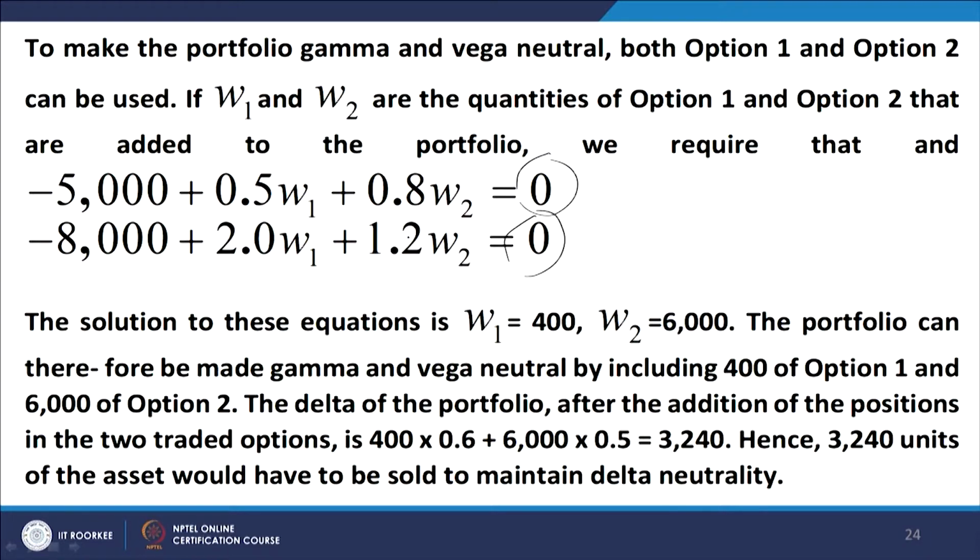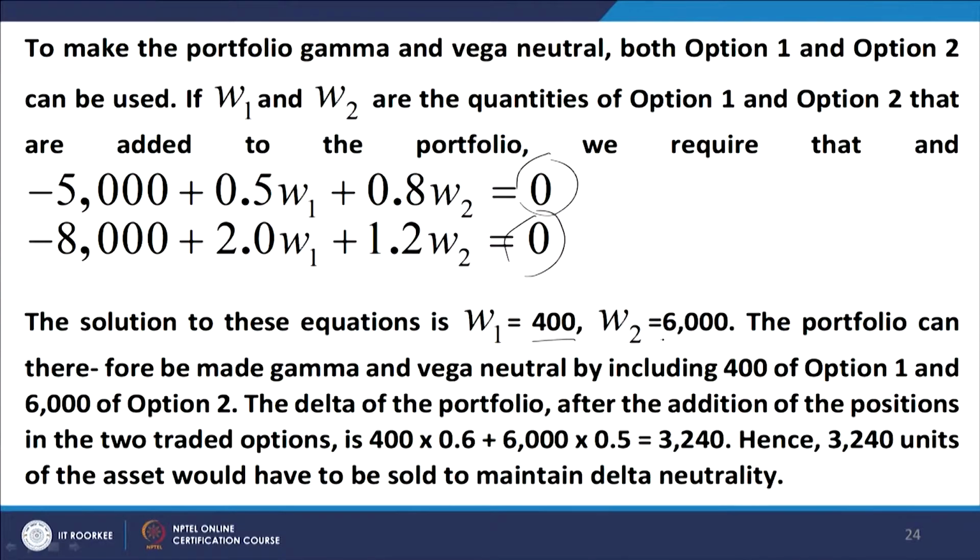So, by solving these two equations, I get W 1 is equal to 400 and W 2 is equal to 6000. In other words, in order to construct a gamma neutral, Vega neutral portfolio, I have to take long positions in 400 options of type 1 and 6000 options of type 2. This is given here, 400 options of type 1 and 6000 options of type 2.